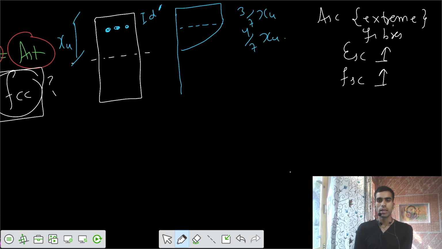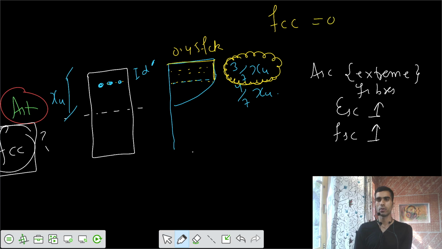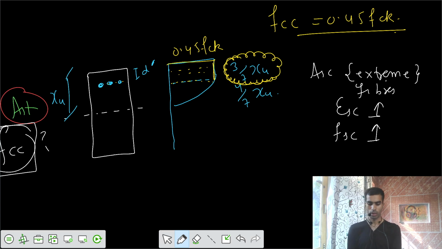The stress at the top, up to the level of 3/7 of XU, is a constant value of 0.45 FCK. Now you would be saying, what should be the value of FCC? We usually place those bars in that 3/7 part of XU, somewhere here. So the FCC should be equal to 0.45 FCK.